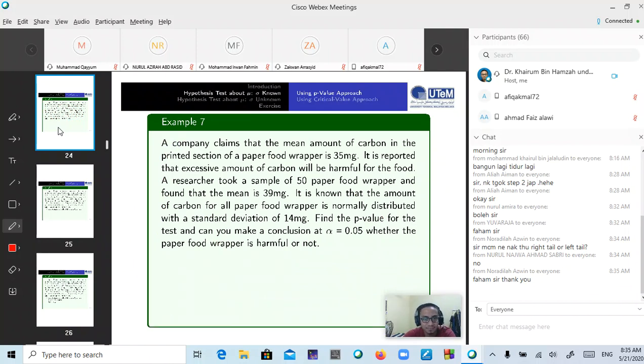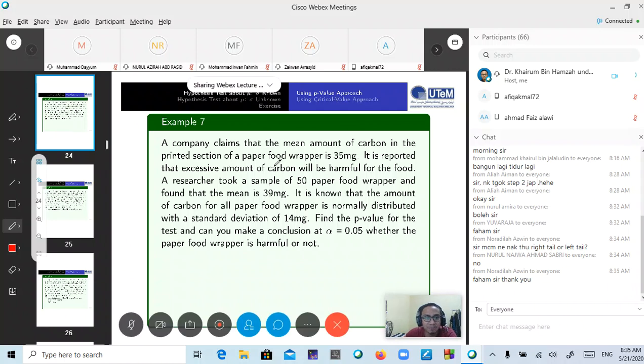Example 7. A company claims that the mean amount of carbon in the printed section of Apple food wrap is, okay, tengok is. What does mean of is? Equal to 35. We know that when it have equal sign, dia tak boleh ada dekat H1. So, this one akan duduk dekat H0. So, in this case, your H0 is your claim.